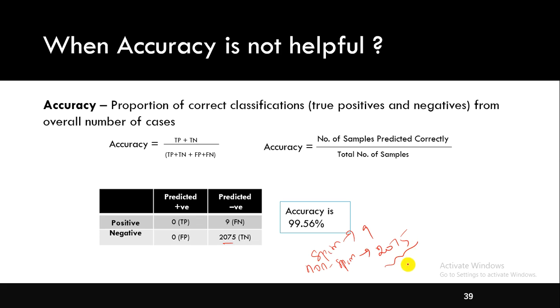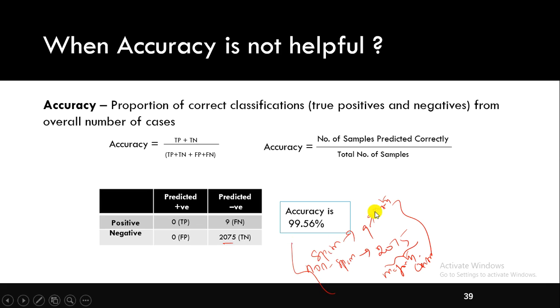The total number of non-spam emails is much higher than the total number of spam emails. Hence, this is called an imbalanced data set. Since I have more observations as part of non-spam, this is called the majority class. This is called your minority class. Hence, this data set is an imbalanced data set.